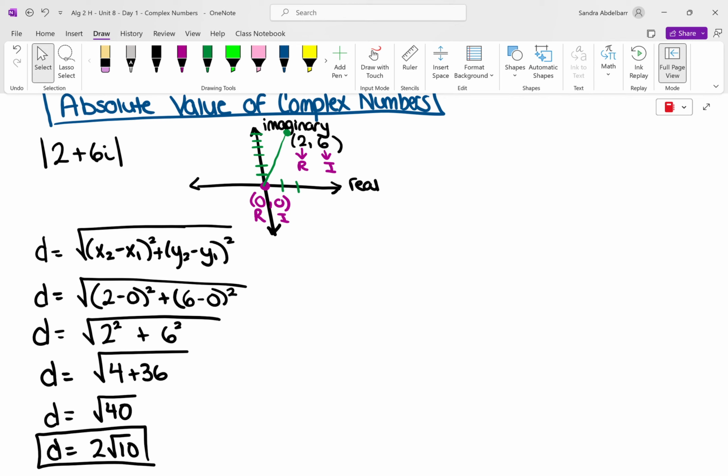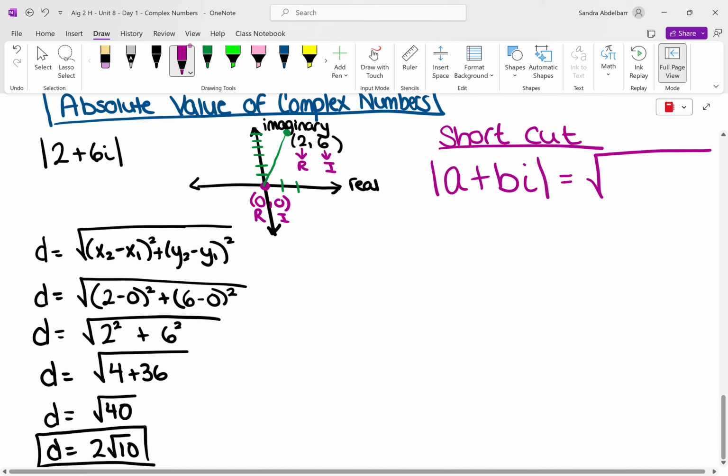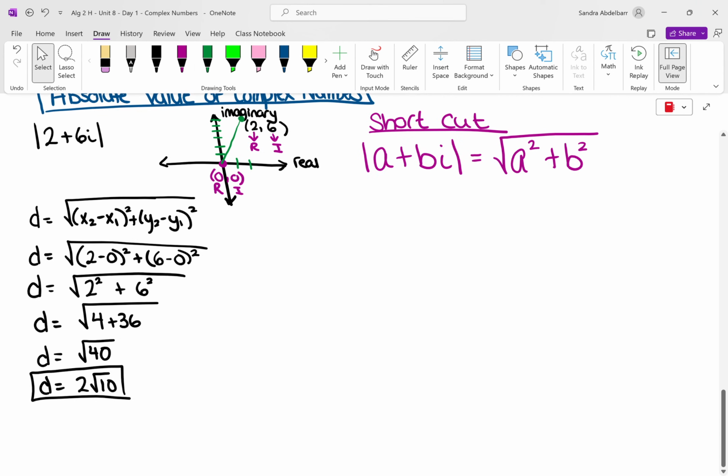We don't want to do that, right? We don't want to do that every time. So what is the shortcut? Well, the shortcut, the absolute value of any complex number, a plus bi, will end up being the square root of a squared plus b squared. And doesn't that make perfect sense? Because when we're using the distance formula, what are we always subtracting from the original numbers?